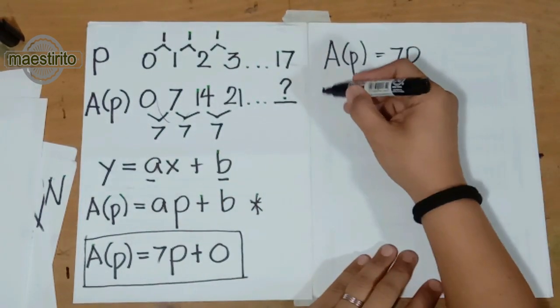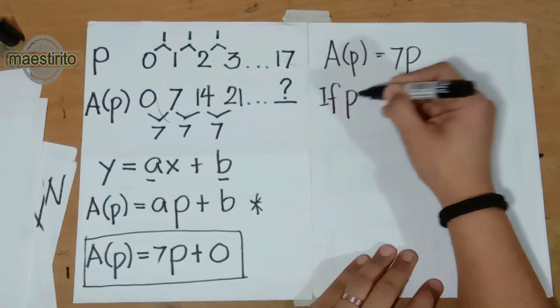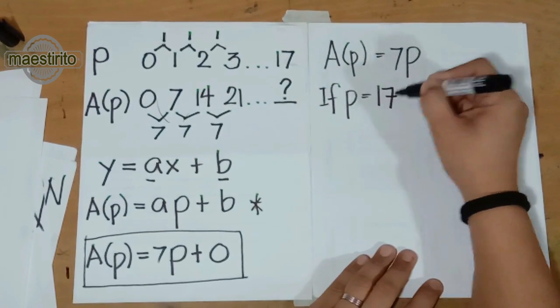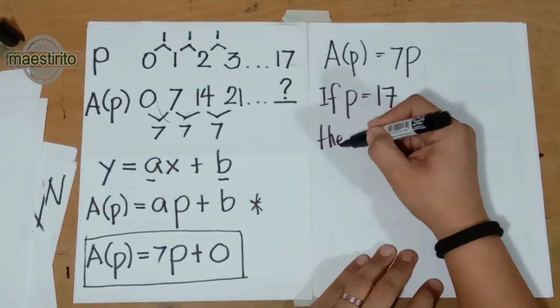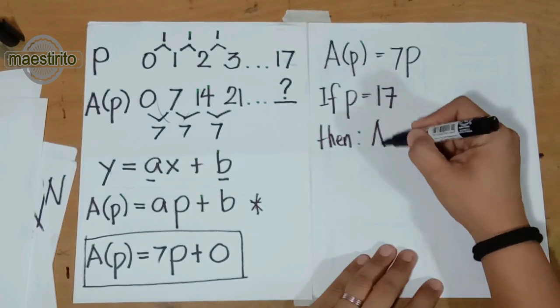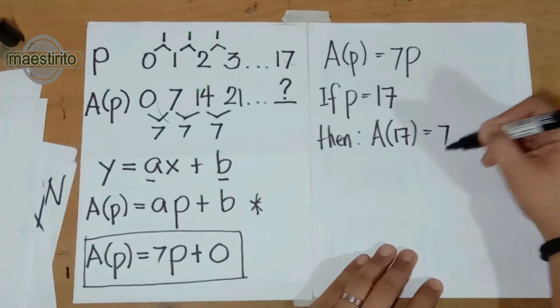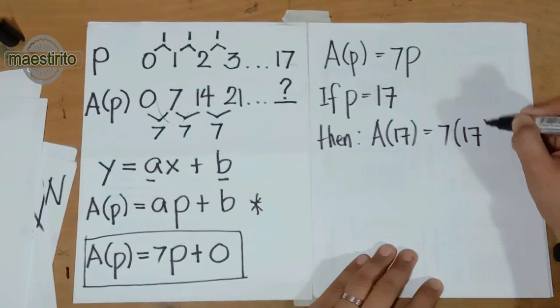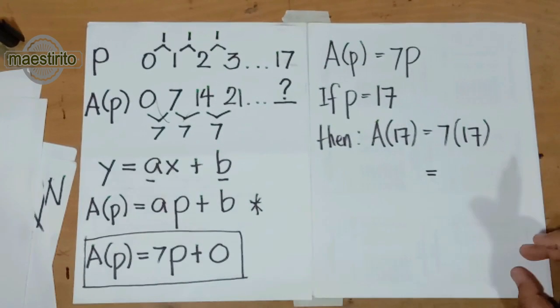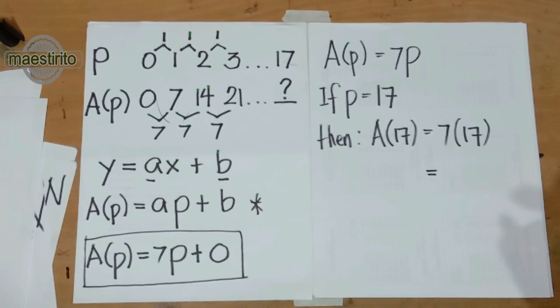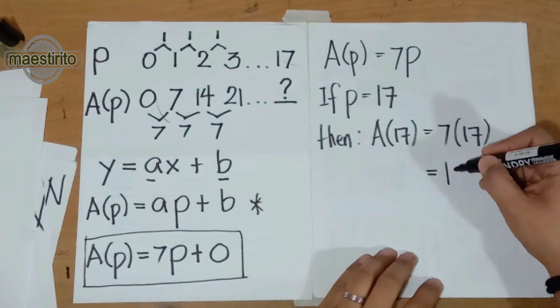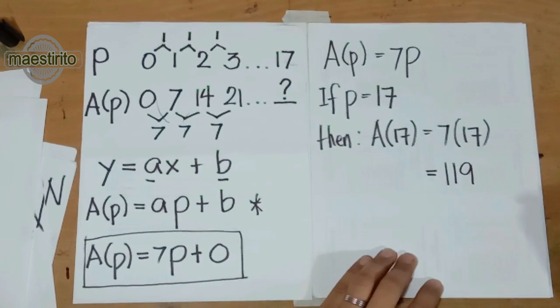That's why if your p now is 17, then a of 17 is equal to 7 times 17, and that will give us, what is 7 times 17? 190, right?